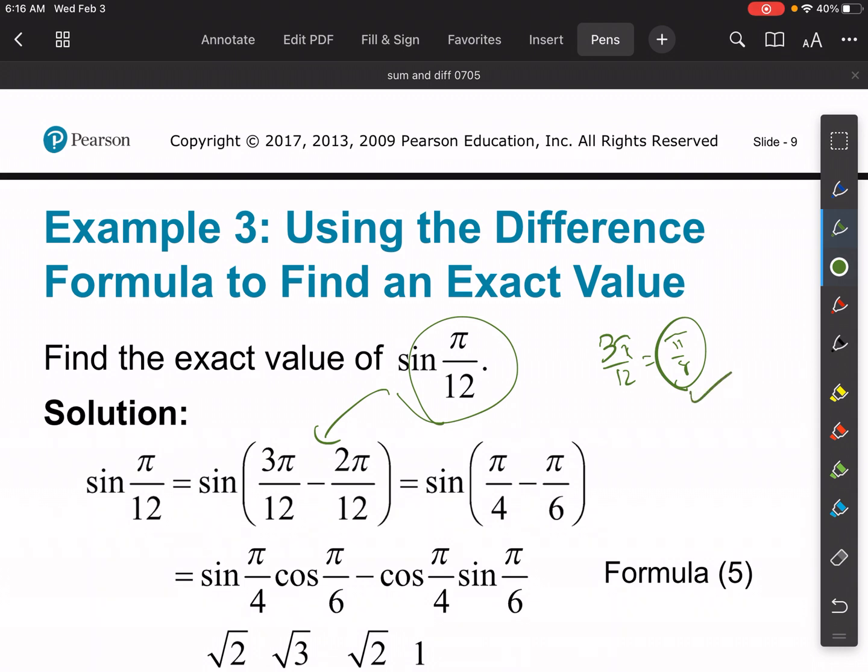And 2 pi over 12 is equal to pi over 6, which we like. If we subtract those two, we get pi over 12.